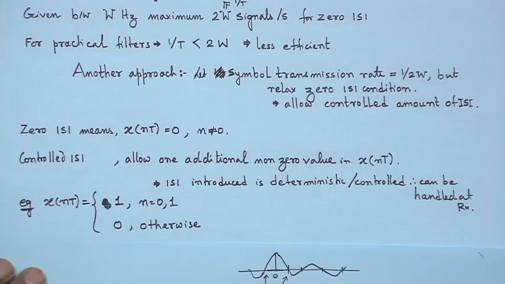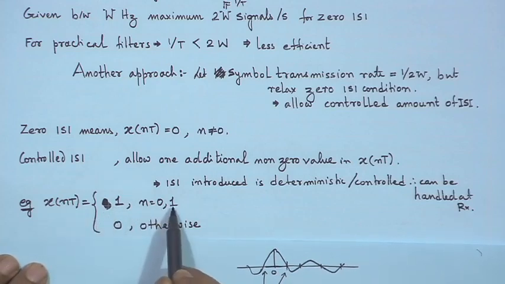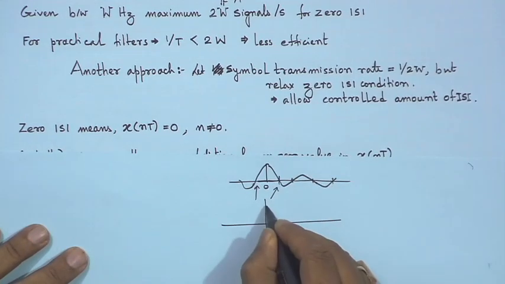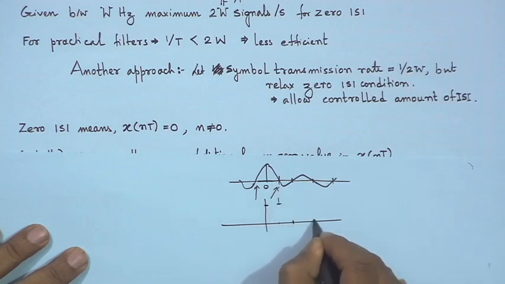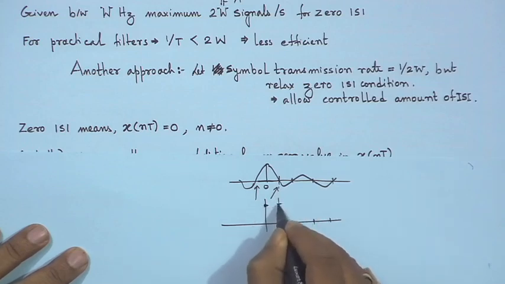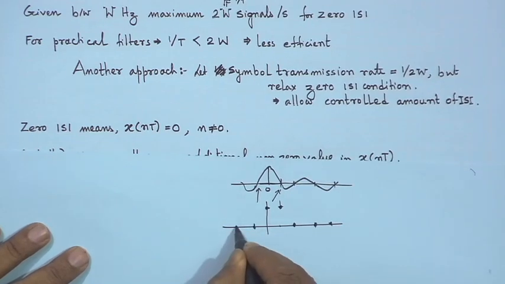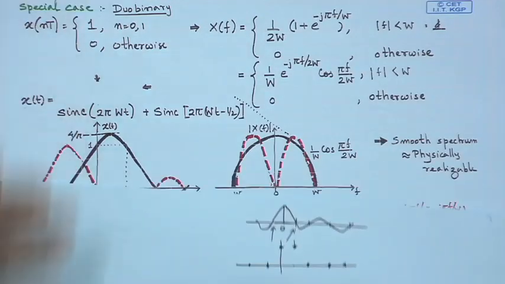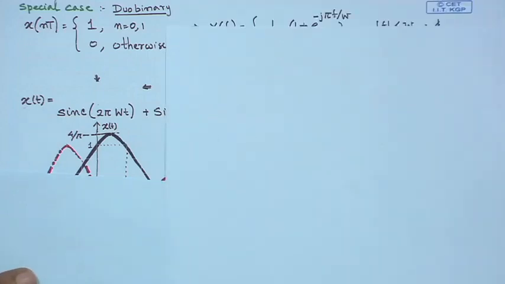So, if we say that x_n(t) is equal to 1 at n equals 0 as well as n equals 1, that means instead of all zeros we are trying for a situation where it is 1 over here and 1 over here, and at all other places it is 0. That is what we are planning to introduce. So, what we have is the class of duobinary signals.